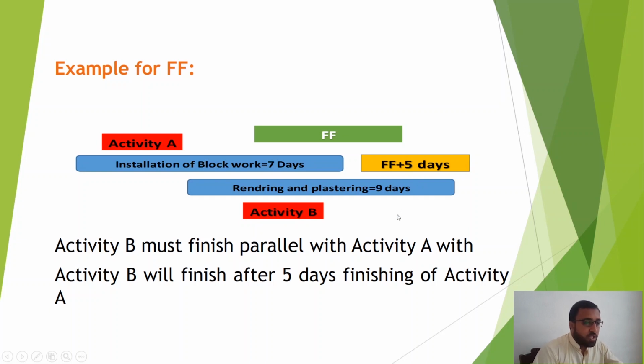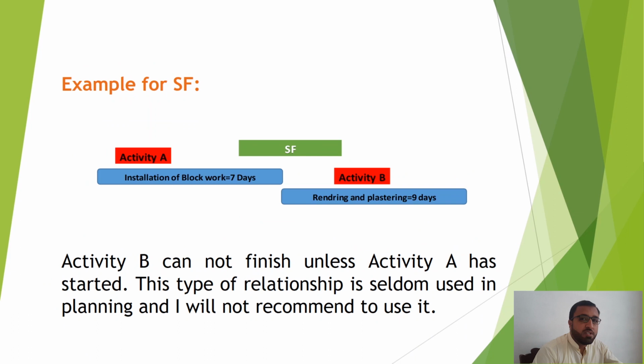Then the example for start to finish. We very seldom use this type of relationship. I have never used it in my schedules, because in this type of relationship, activity B cannot finish unless activity A has started. So the successor activity cannot finish unless its predecessor has started. This type of relationship is called SF.